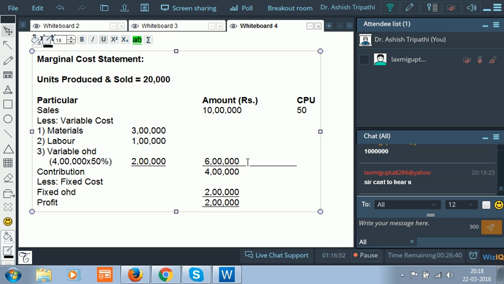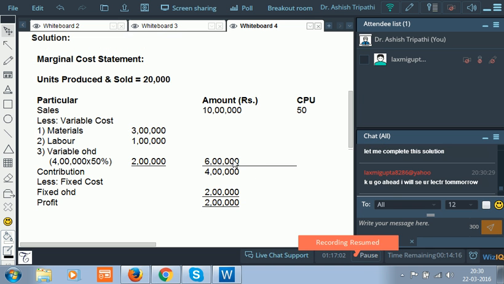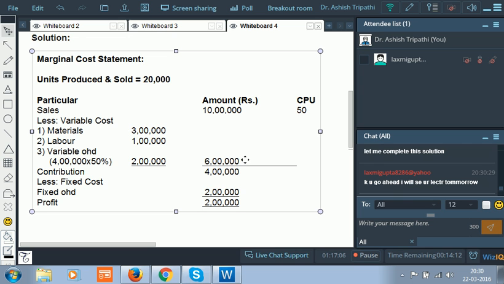6 lakh by... now we were discussing how to calculate the CPU of 6 lakhs.